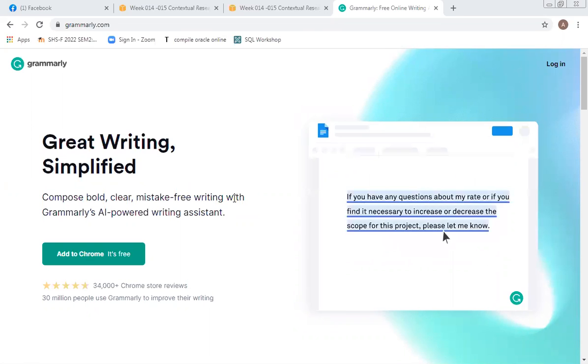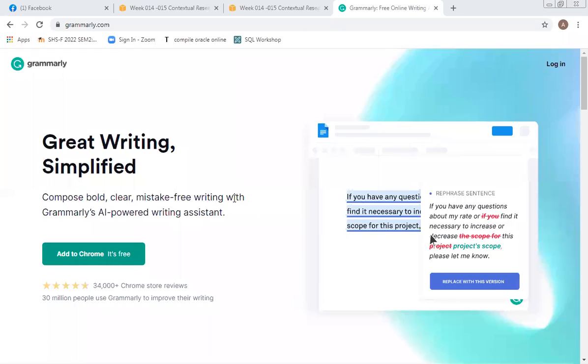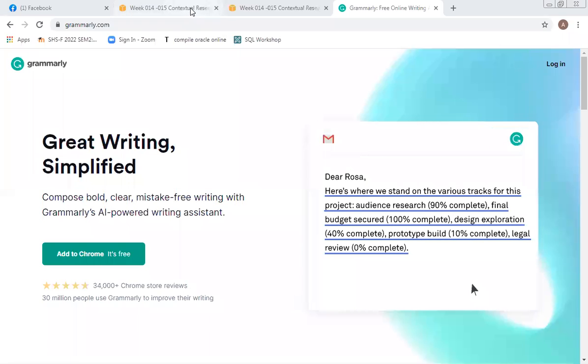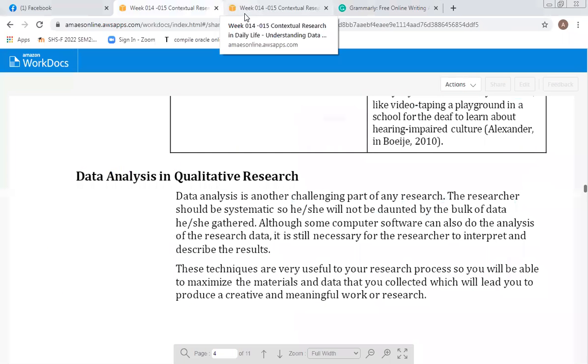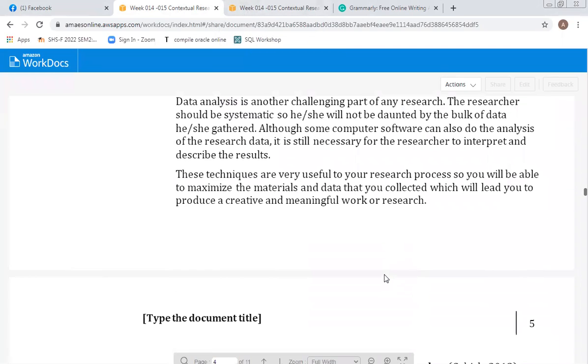Di ba? So, nagets nyo? There are softwares available that can analyze your researches. But there are limitations. These techniques are very useful to your research process, so you will be able to maximize the materials and data that you collected, which leads you to produce a creative and meaningful work of research.